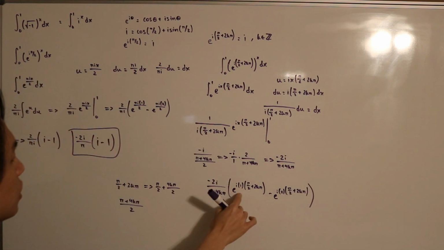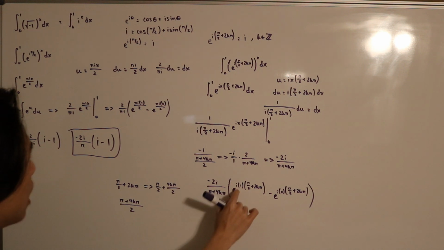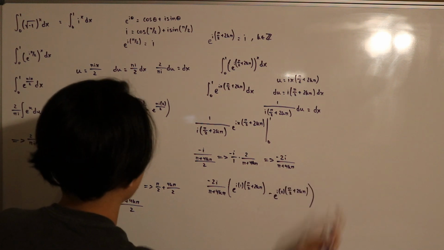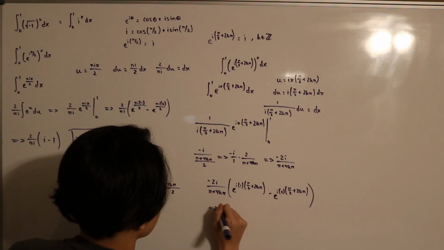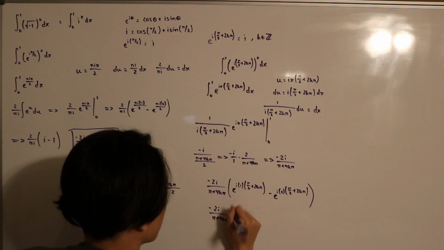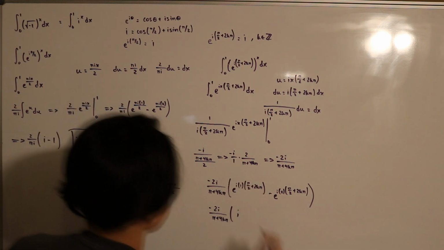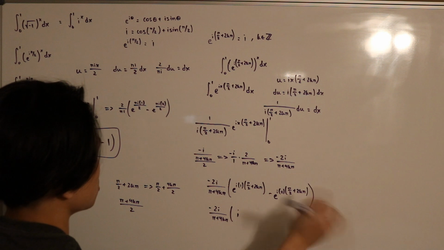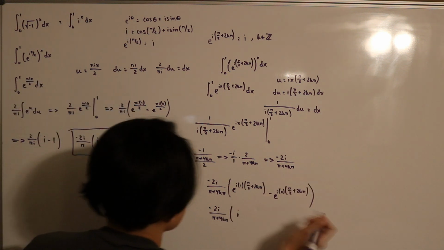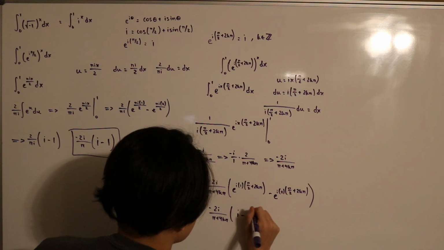Now this is e raised to i times this, but that's the same thing as i, so we replace that with i. So 2i over (pi plus 4k pi). This is just i, and then this is 0, so this whole thing is e to the 0, which is 1, so minus 1.